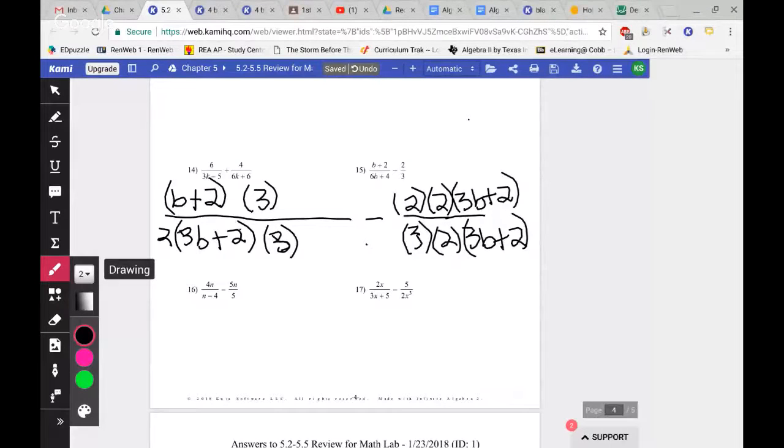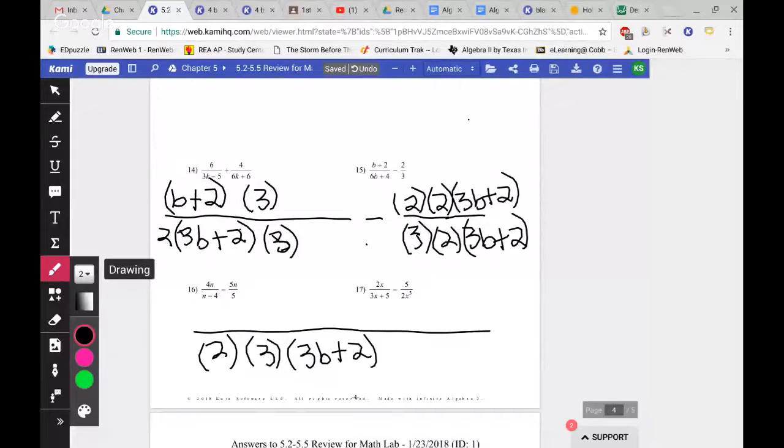And now we get to combine all this stuff together. I'm going to go ahead and write down my denominator that we've created. And then I'm going to distribute my 3 to my b plus 2. So that gives me 3b plus 6 minus, and then all over here, I've got to distribute.